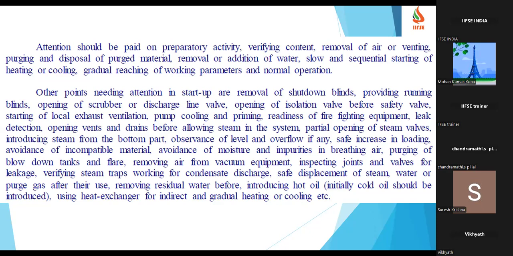And providing running blinds, maybe an orifice we can say, like we'll have a parameter, or we'll put a valve in between. Opening of the scrubber in the sense, the scrubber line should be active. So in case of any escape of gases from the equipment, it will route through the scrubber line so that it can go and neutralize the things.